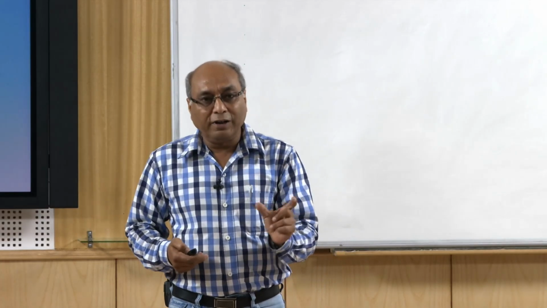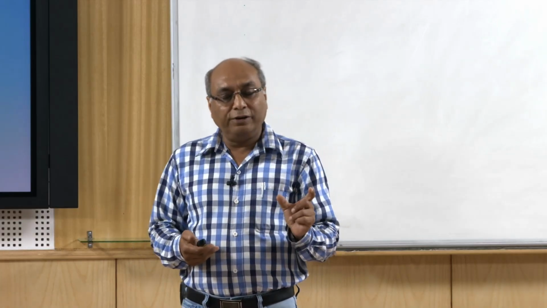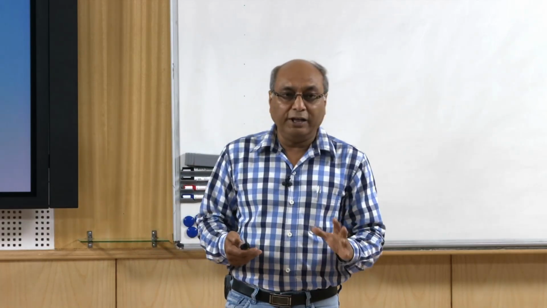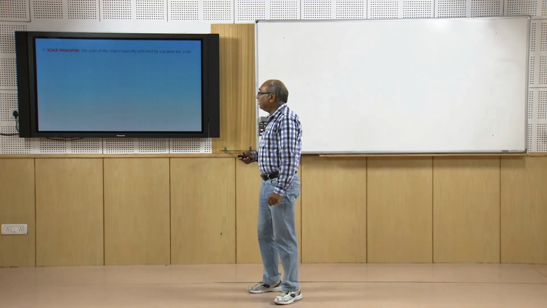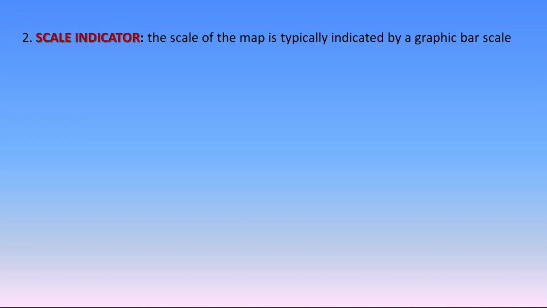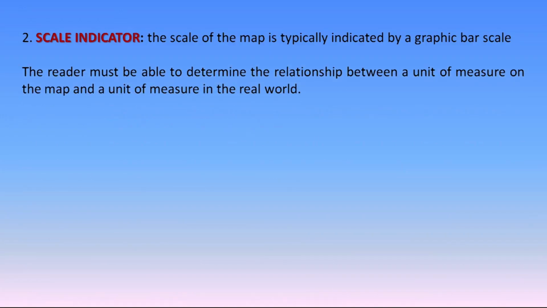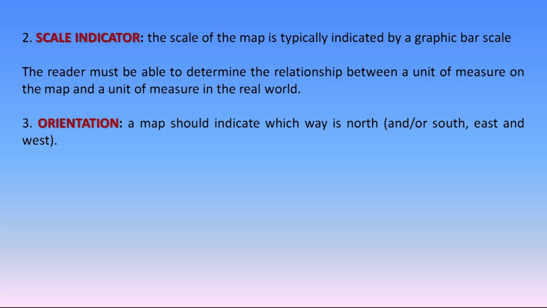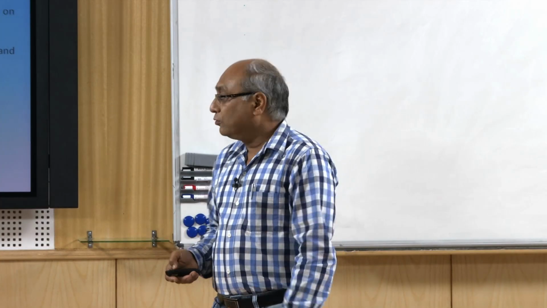So whenever a size is changed or it is projected, the same scale bar accordingly will also get enlarged or reduced, and therefore there will not be any confusion about the scale. So scale is another very important key element of a map. And as I have already said, the unit must also be there, if it is representing a distance, it may be in kilometers, meters and so on and so forth.